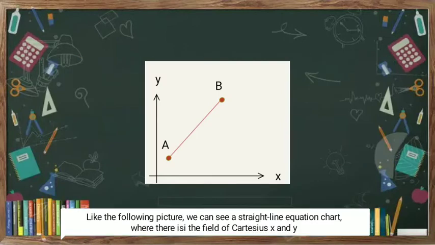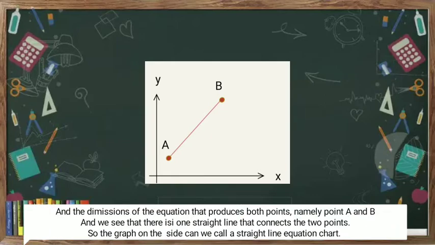Like the following picture, we can see a straight line equation graph where there is the Cartesian plane x and y, and the equation produces two points, namely point A and B. And we see that there is one straight line that connects the 2 points, so the graph on the side can be called a straight line equation graph.